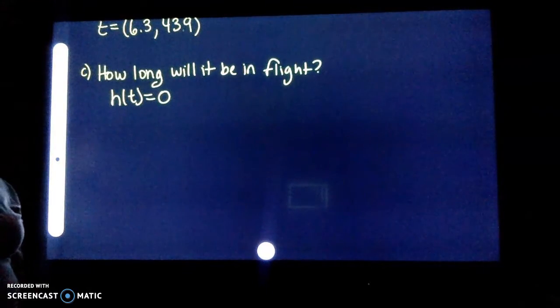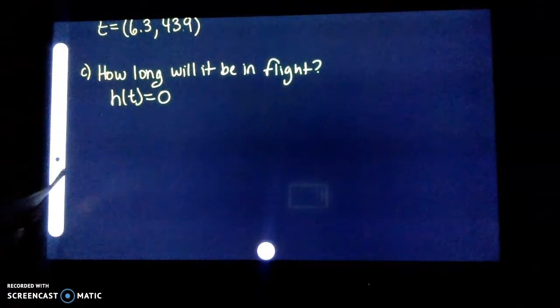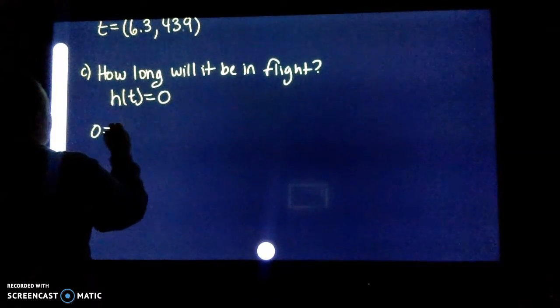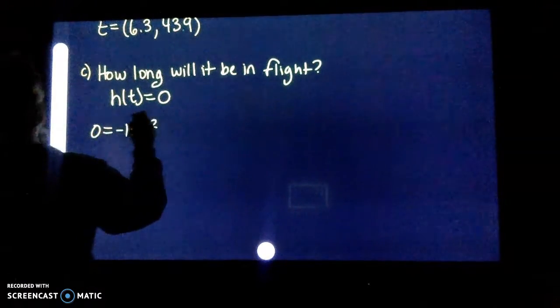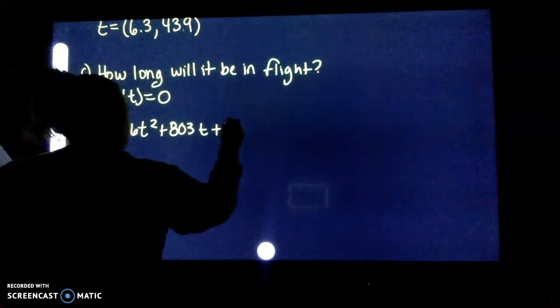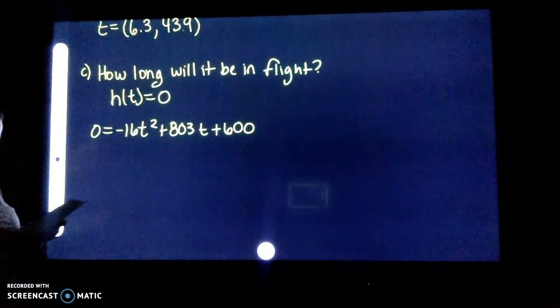Okay, so what I need to do is I need to plug in 0 for h of t, and I need to use my quadratic formula again to solve. So I have 0 equals negative 16t squared plus 803t plus 600, because that was the original height in terms of time equation I was given.